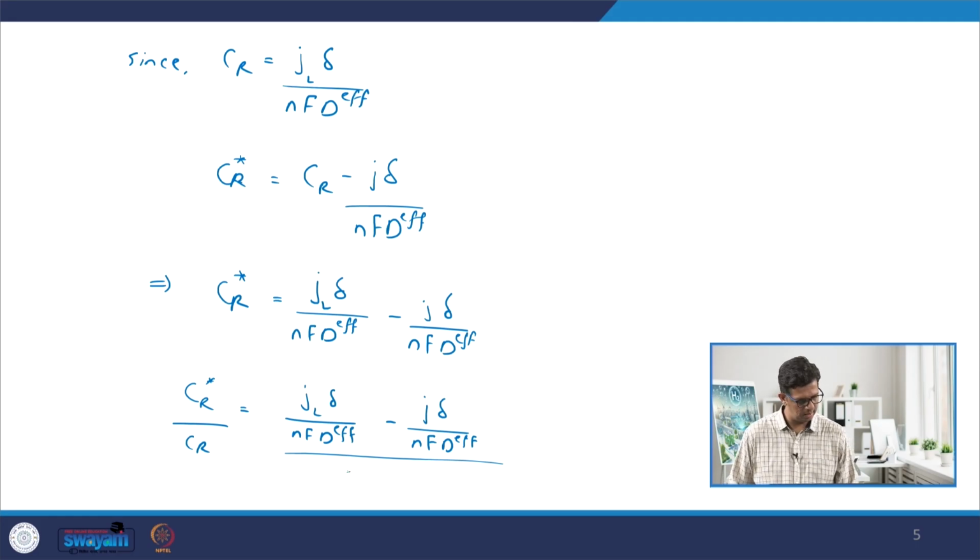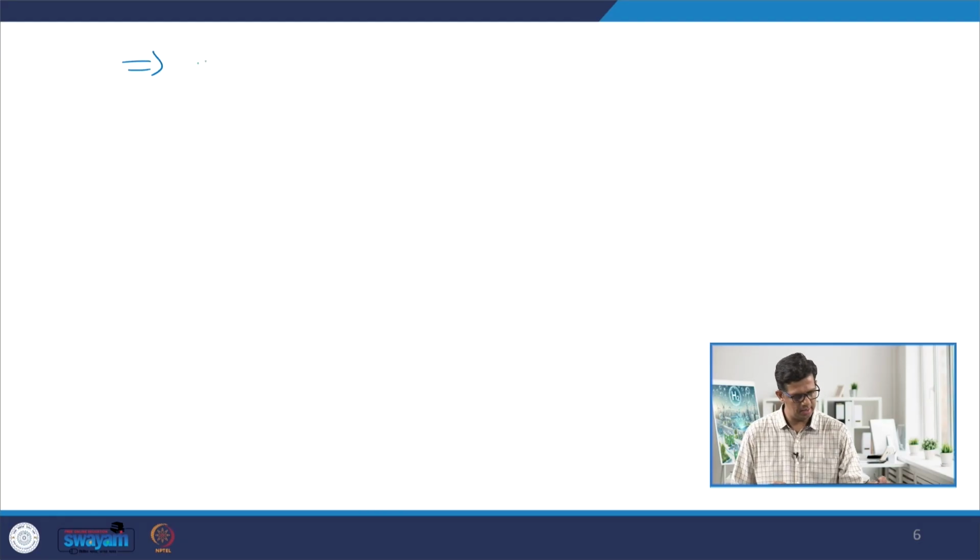Cr is Z L delta divided by NF D effective. So that implies Cr star by Cr is equal to Z L divided by Z L minus J.